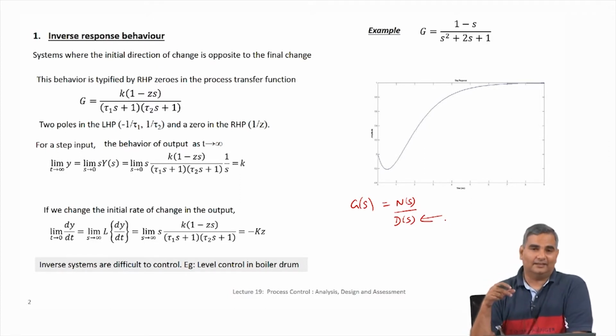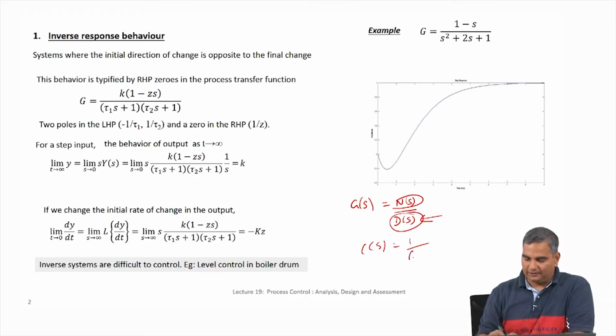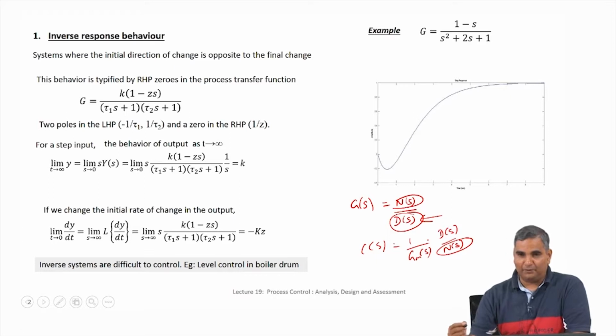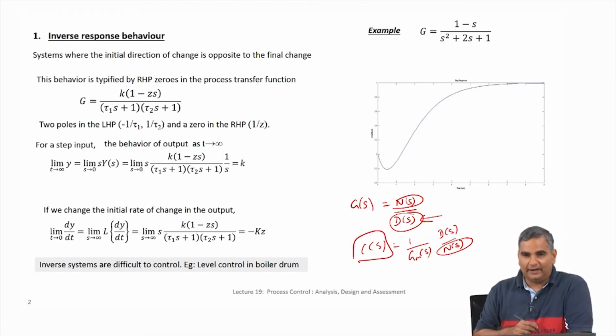Now, interestingly, what happens is, if I have a transfer function like this, this is the numerator, this is the denominator. Somewhere in the controller calculation, I start having this g model s in the denominator. So, conceptually what happens is, this flips it to d(s) by n(s). Okay. So, the numerator polynomial somehow seems to come to the denominator, and if you want to now think about the stability of the controller, for example, then you have to start paying attention to the numerator polynomial, because it has come in the denominator.